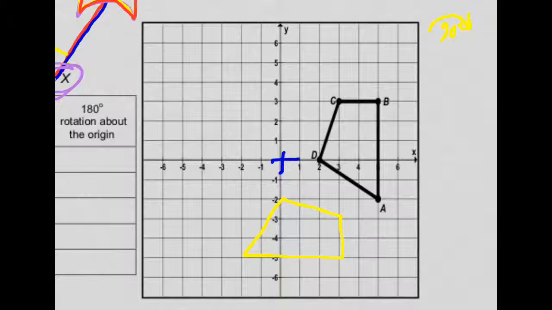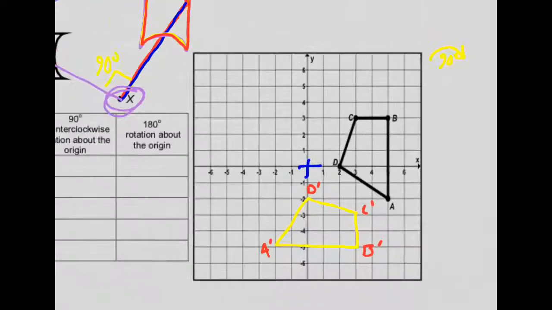Alright, move it just a little bit. And then I'm going to label my new points A prime, D prime, C prime, and B prime.